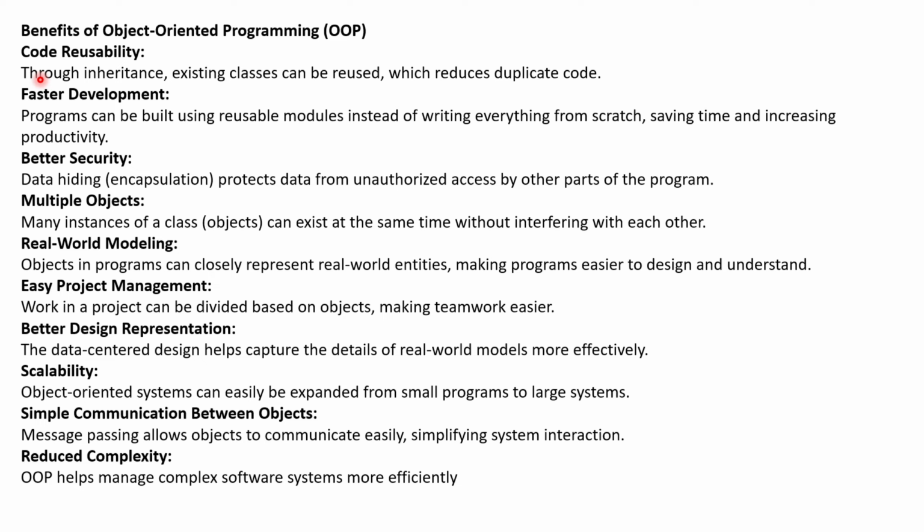So here is a little bit about the benefits of object-oriented programming. The first one is code reusability. All these details I have put here in short form; you can expand them with more details. The first one is code reusability, and through inheritance, existing classes can be reused, which reduces duplicate code.